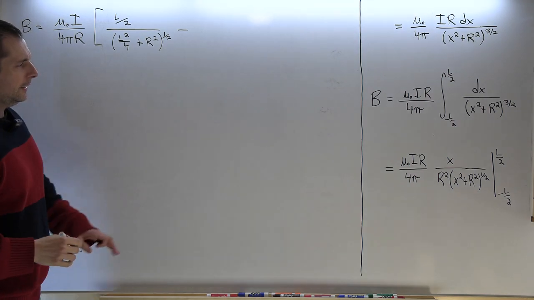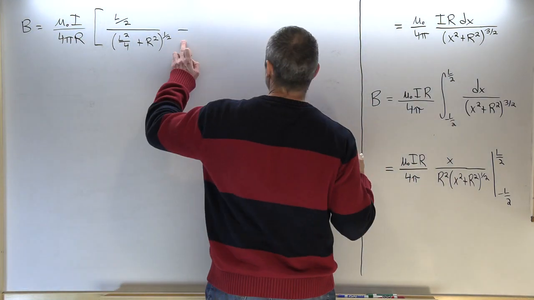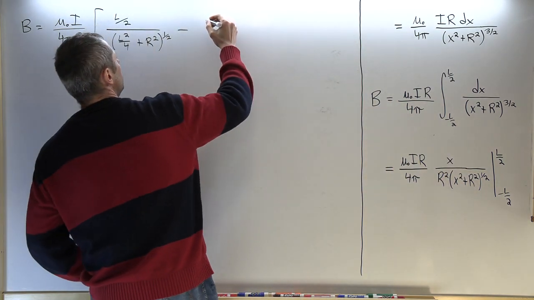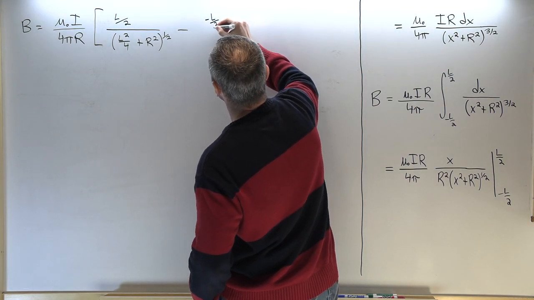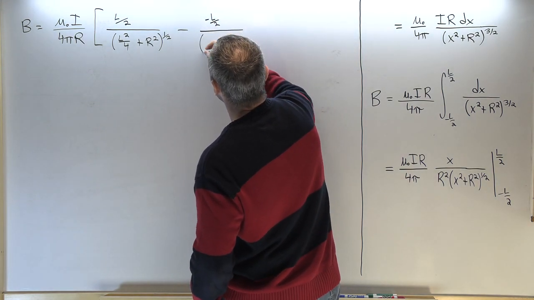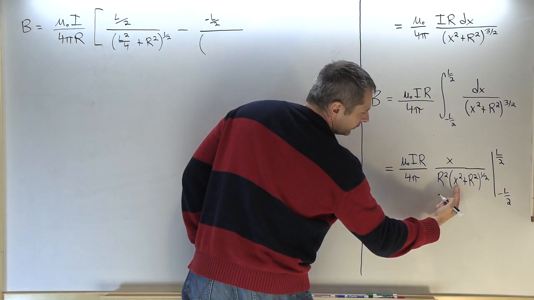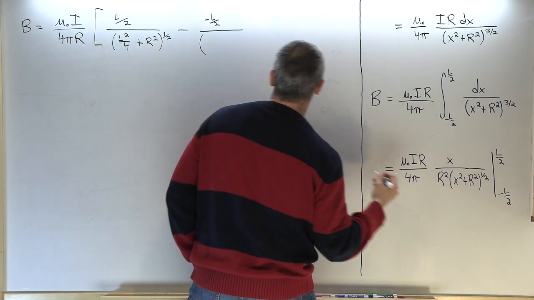So I just plugged in L over 2 here and here. Now what I have to do is minus with negative L over 2 plugged in there and there, both places. So negative L over 2 on the top. And on the bottom, if I put negative L over 2 here and square it, the negative sign goes away and I just get L squared over 4 again inside this term right here.